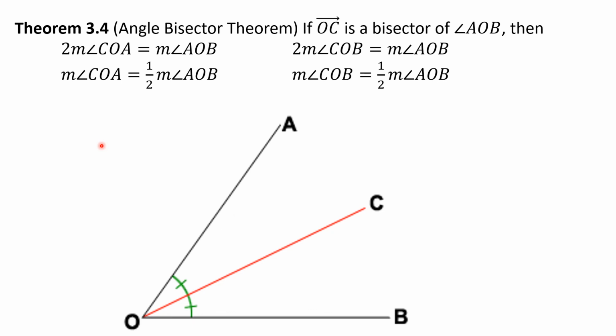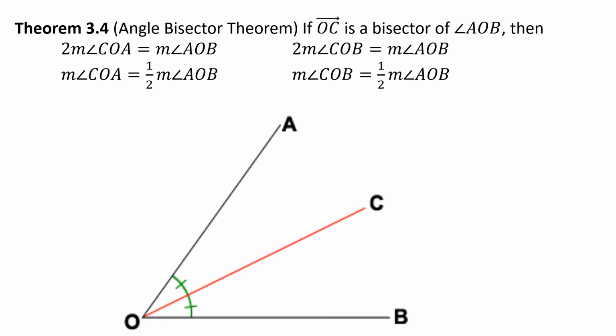Okay, so we have here the angle bisector theorem. If ray OC is a bisector of angle AOB, then twice the measure of angle COA is equal to the measure of AOB. Okay, so again, for example, the measure of our angle AOB is 60 degrees. Okay.